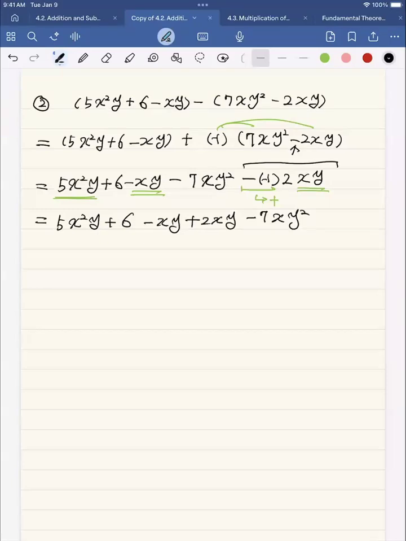How can we interpret this? This one is minus 1 times xy plus 2xy. So xy are common factors, so we can rewrite it as -1 plus 2 times xy. That means this is 1 xy, which is xy.